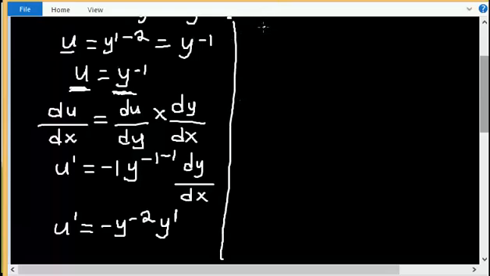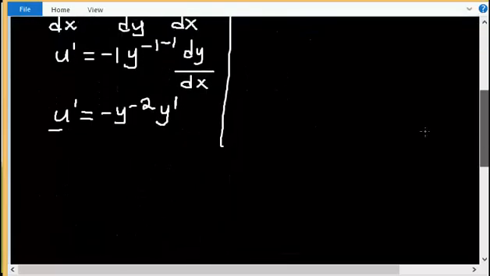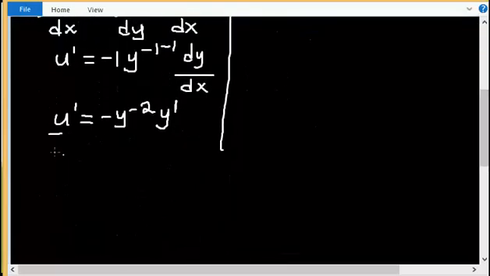Now come to this side. So proceeding now, I've gotten my u prime. Remember, the whole idea is for me to replace practically everything that has to do with y in this equation with u, okay? So now I have to make y prime the subject of the formula.